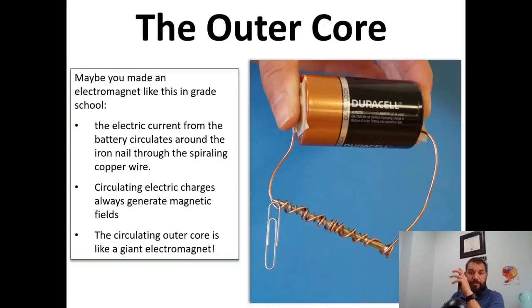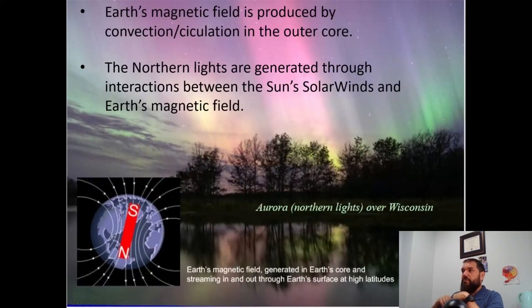Okay, so I'm back. Hope you liked the little demonstration. So anyway, that's basically what the outer core does. It circulates. It is a ferromagnetic material, so it's able to generate from its circulation a magnetic field, and that magnetic field is really, really important for our life. It protects us from the solar winds of the sun, which are extremely hazardous to life.